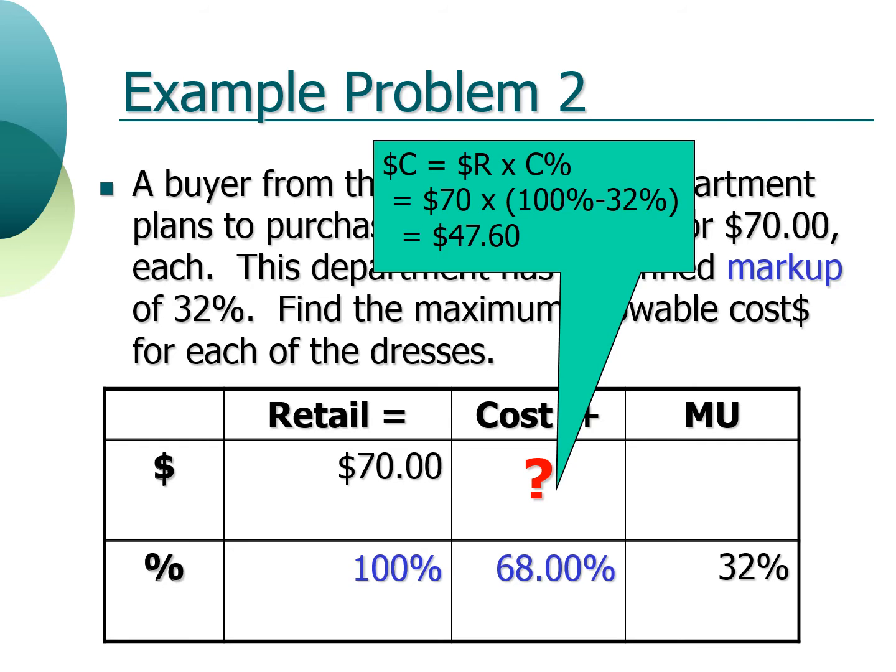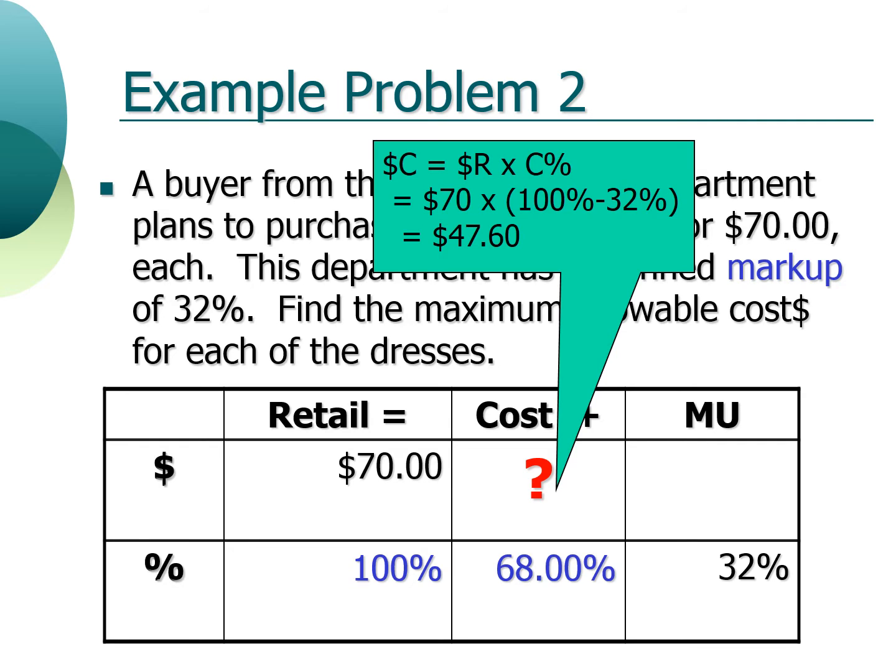Then the next step is to figure out the cost dollar. Knowing that cost percent is 68% of retail, you multiply the retail dollar, $70, by the cost percent, 68%, and that gives us the cost of $47.6.